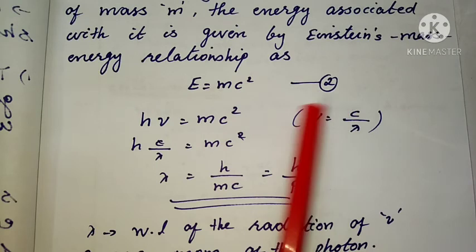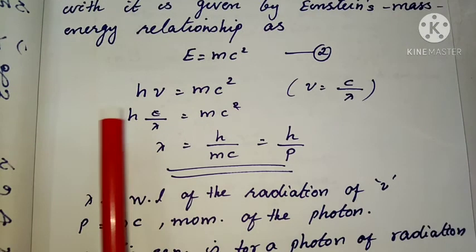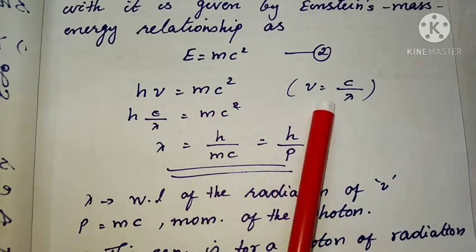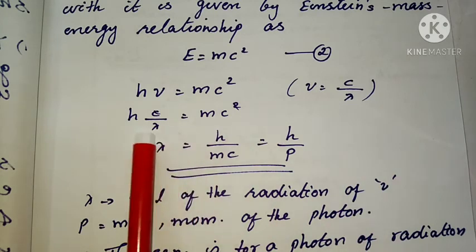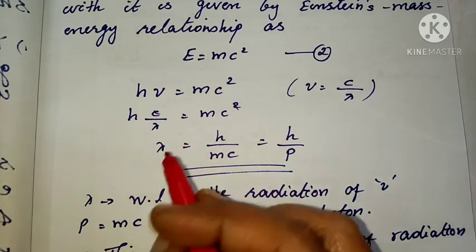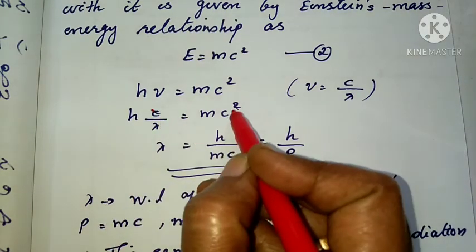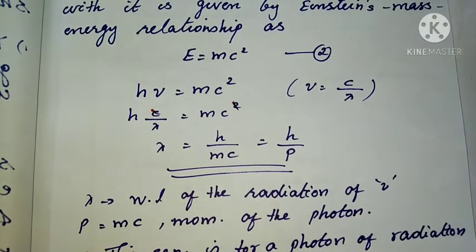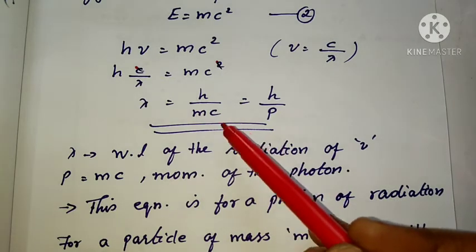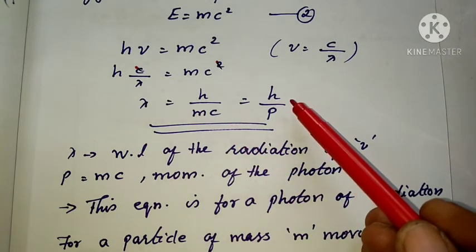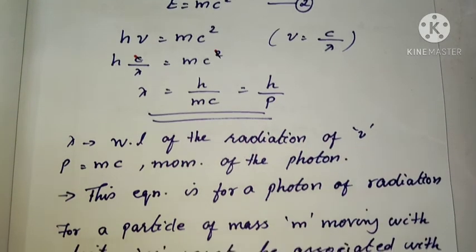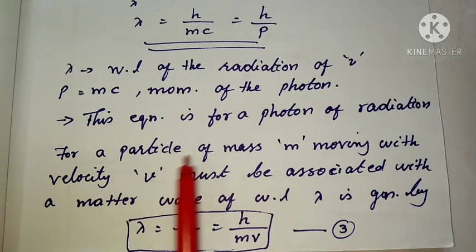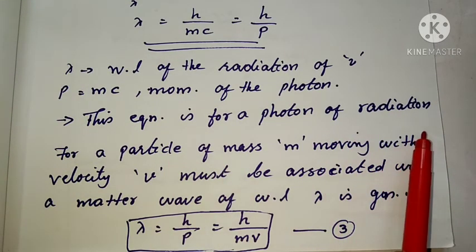From these two equations, we can write h nu equal to mc square, where nu equals c by lambda. Substituting, we can cancel c, and we get lambda equal to h by mc, that is equal to h by p.